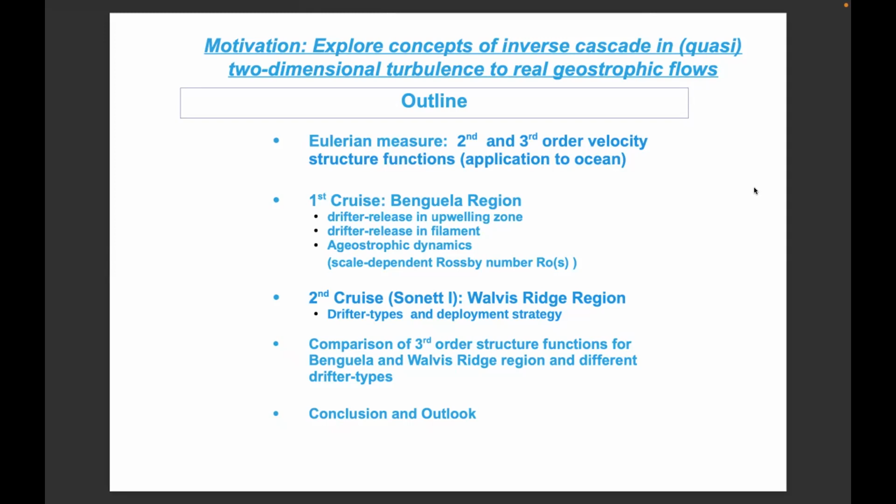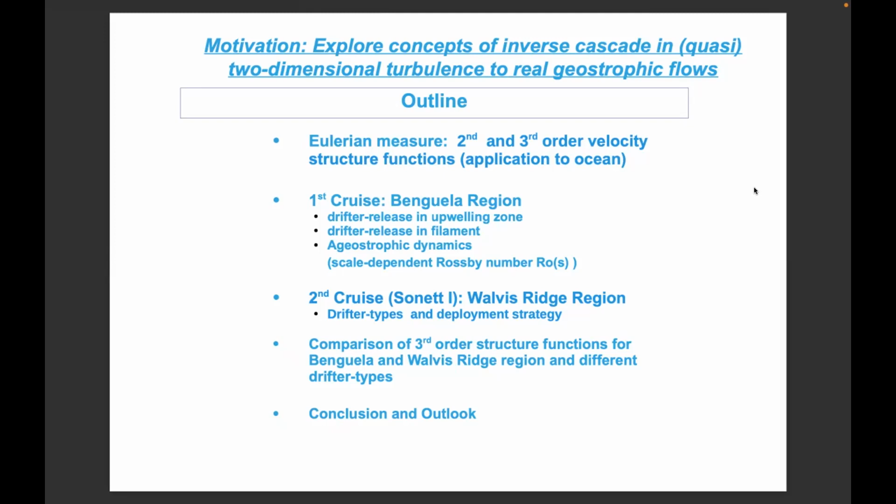First, a very wild drifter release in the upwelling zone, which is a perfect candidate for this structure function formalism, and then a filament release, where the drifters stack together, and this is strongly connected to what Yan Qing presented in the morning, and also scale-dependent Rossby numbers.